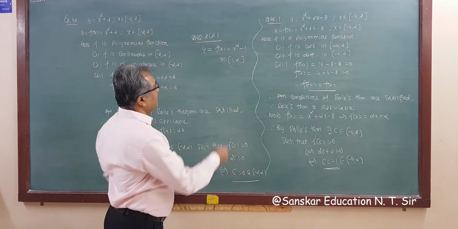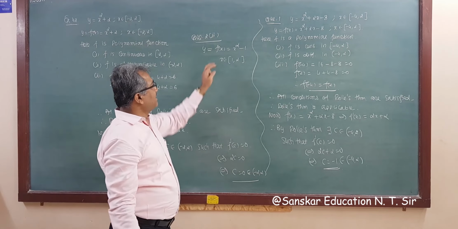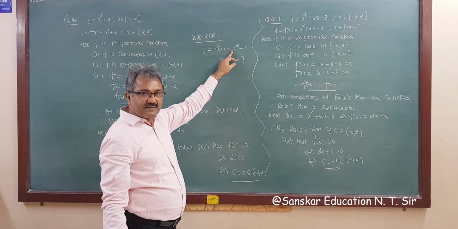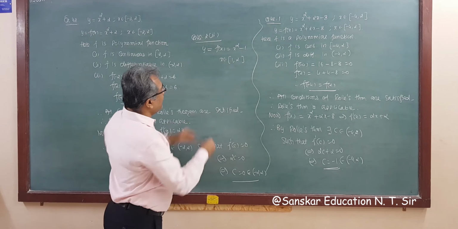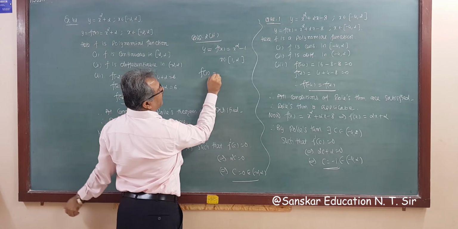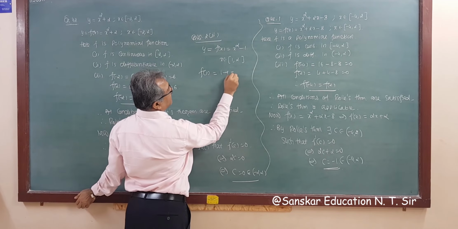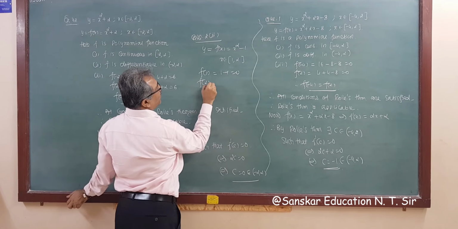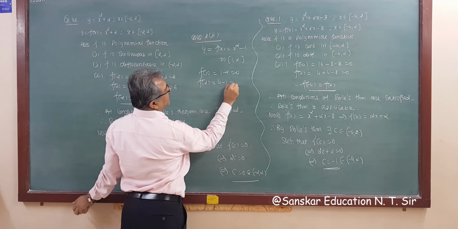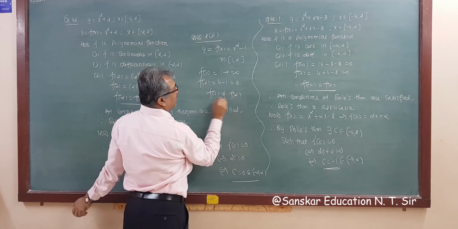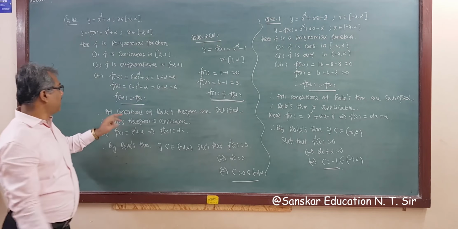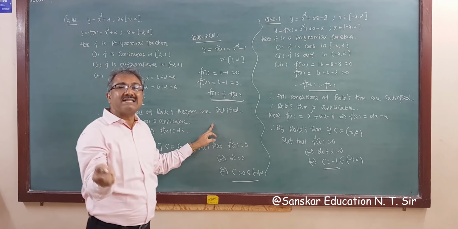So here, for an MCQ question, this is a continuous function, differentiable also, but now check f of 1. f of 1 is equal to 1 minus 1, that is 0, and f of 2 is equal to 4 minus 1, that is 3, right? So f of 1 is not equal to f of 2. Therefore, all conditions of Rolle's theorem are not satisfied.